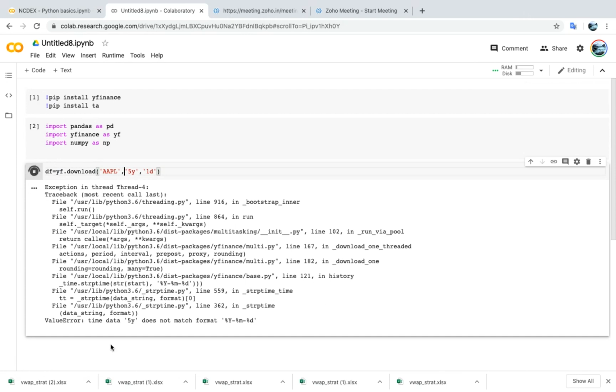It is saying 5-year does not match format %m. So it is actually considering that I'm passing the start date.